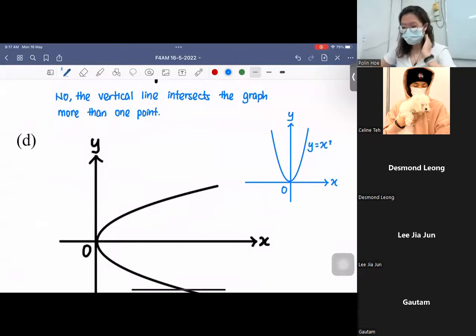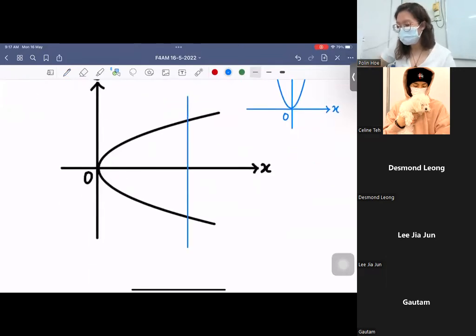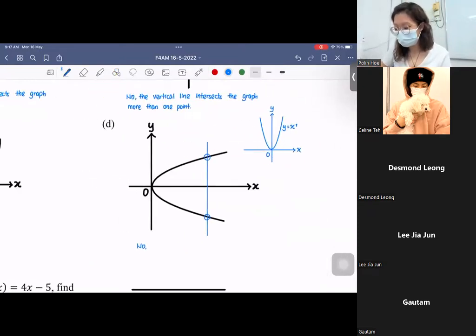It's still a quadratic, but it does not start from y. This is the graph of x equals y squared. It is a square root graph, y equals square root of x. But it's okay, because you are not going to learn it in SPM. So you see, a vertical line, ta-da, more than 1 point, so it is not a function.